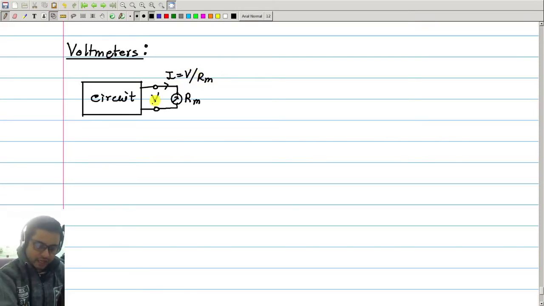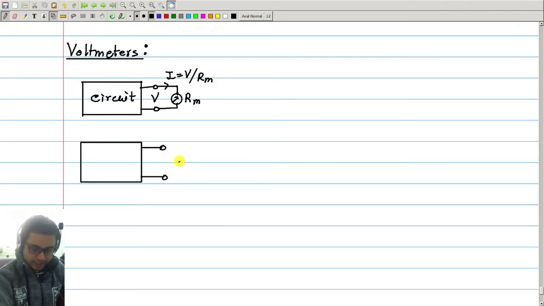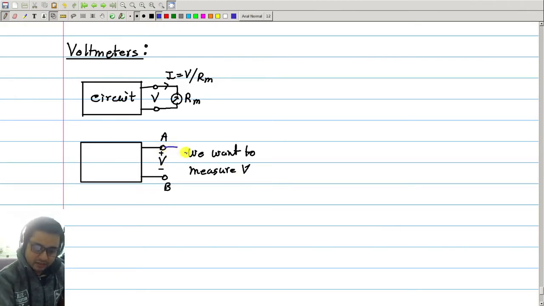Now suppose I have a circuit and two terminals which are of importance are A and B, and the voltage between AB is say V. Now if we want to measure this voltage V, what will we do? For that we will connect a meter here, and we will watch the deflection.